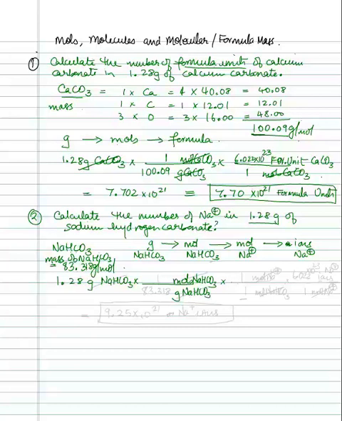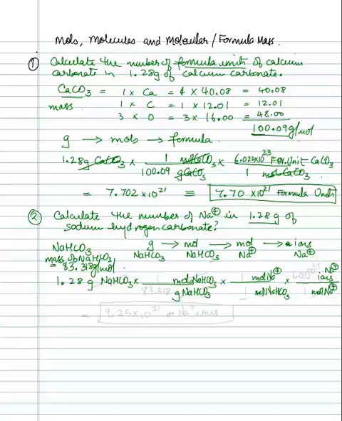And then you need to convert it into moles of sodium hydrogen carbonate, which means that moles of sodium hydrogen carbonate goes down here, and moles of sodium ions goes up here. And then the last calculation is moles of sodium ions to ions of sodium. Let's put in the numbers and see if it makes sense.